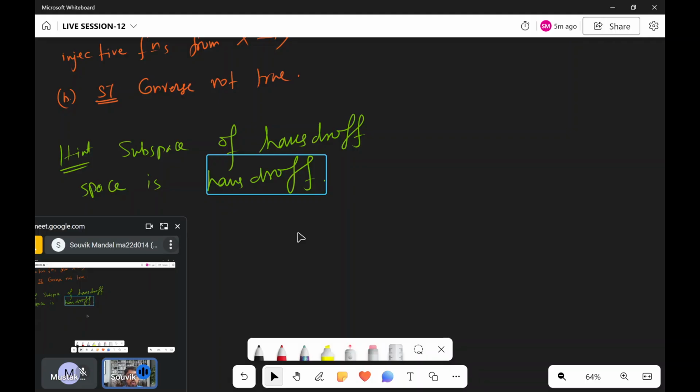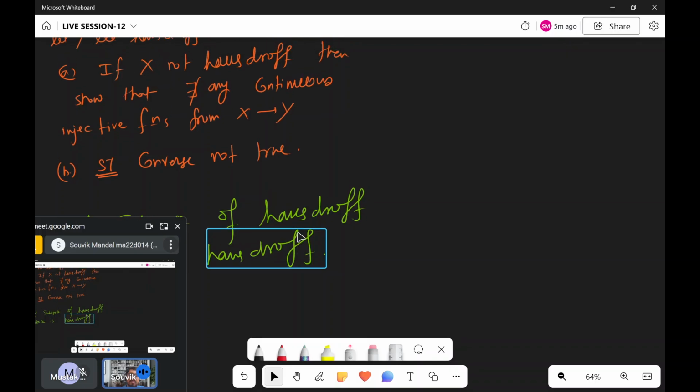So for part A, it says if X is not Hausdorff, then X cannot be embedded inside Y. Now somehow from the statement you need to come up with some subspace of Y which is violating some condition, possibly Hausdorffness. It is my natural guess, and that's why I wrote the hint.